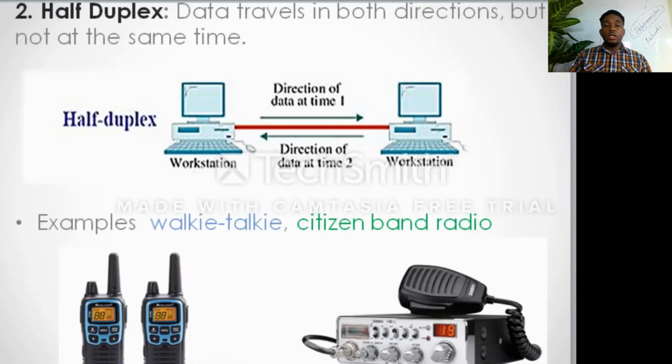The second one is half duplex. For a half duplex, data travels in both directions, but not at the same time. Notice in the diagram it can travel in both directions, but not at the same time. And if we could go back to some examples like our walkie-talkie system, which the security companies would use, when one member speaks, the other would wait.